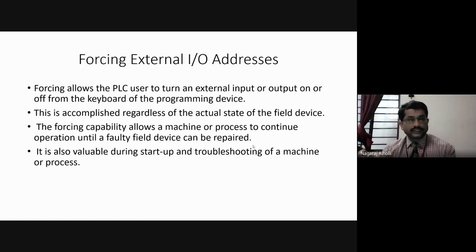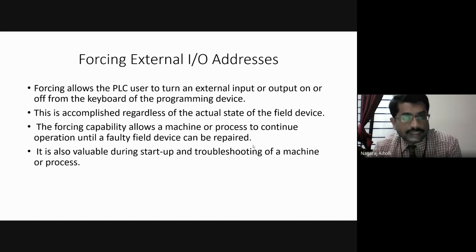Let us say there are two output devices connected to the PLC, and one output device is in a faulty state. Its state has to be 1, but now it is 0, so we have to rectify that. We have to repair that field device. Another field device is already in the 1 state.